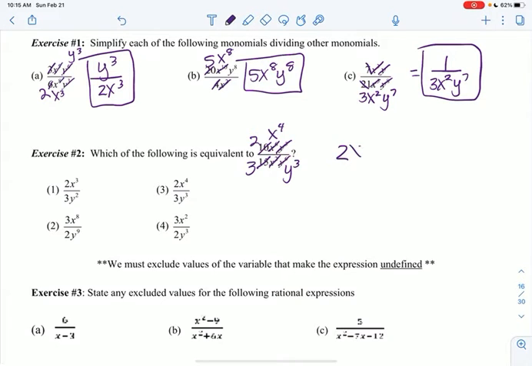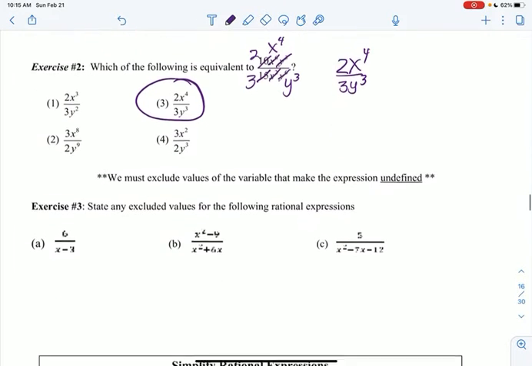So I have 2x to the 4th, 3y to the 3rd, and that's choice 3. All right, but you do have to put in a stipulation about what would make the expression undefined. So in that one, we would have to say, y cannot be equal to 0, of course.